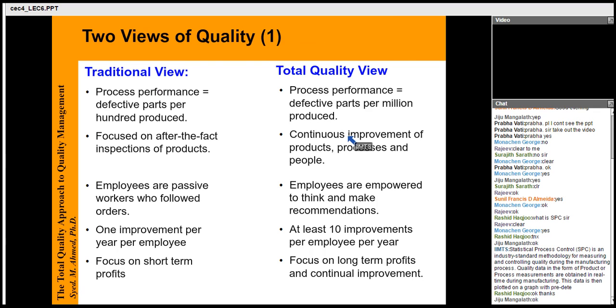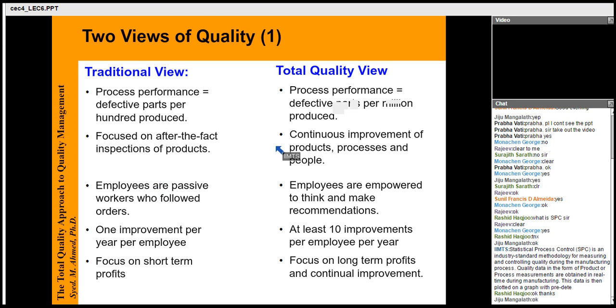Now there are two views of quality. One is the traditional view and second is the total quality view. What is the traditional view? Process performance is measured as defective parts per 100 produced. In total quality, process performance is defective parts per million produced. Traditional focused on after-the-fact inspection of products, while total quality focuses on continuous improvement of products, processes and people.